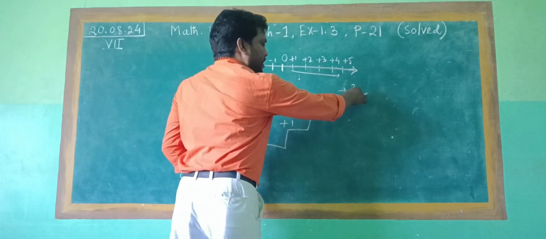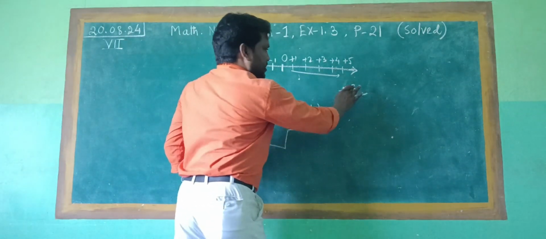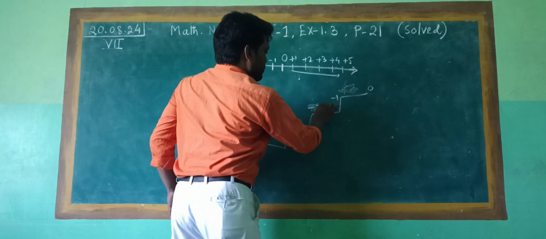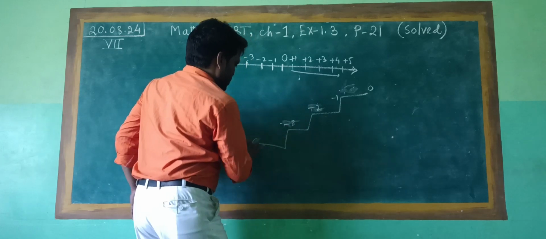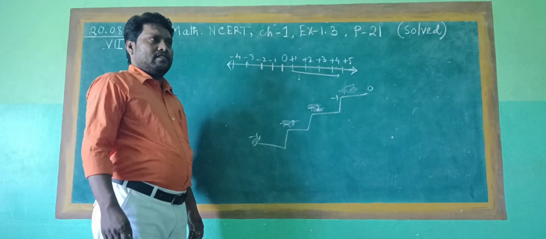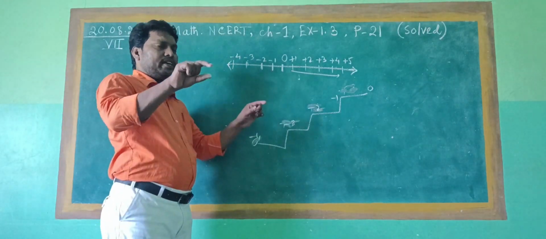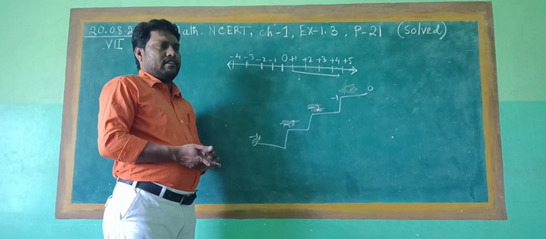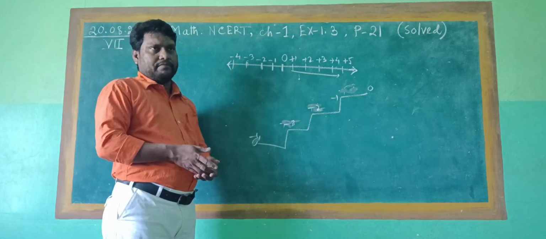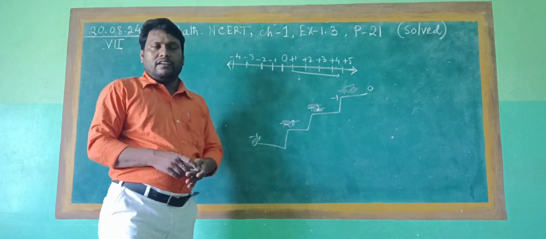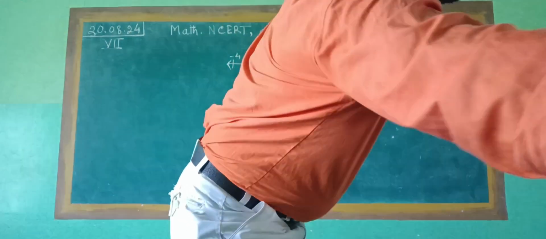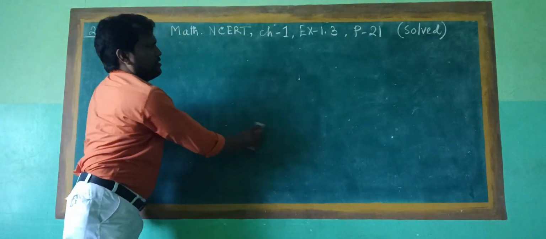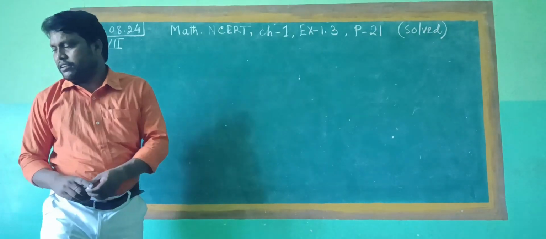Then again, when you return, come back, this portion will be 0 and -1, -2, -3, -4. So in this way, the concept of integers arises in the mind of mathematics. Okay. So now open your exercise 1.3, page number 21.